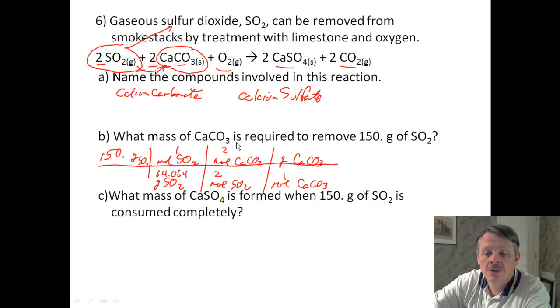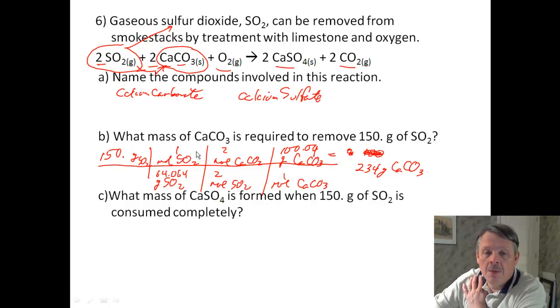And when we actually go out to our periodic table and figure all that out, that's 100.09 grams of calcium carbonate. So when I do the math, I come up with 234 grams of calcium carbonate.